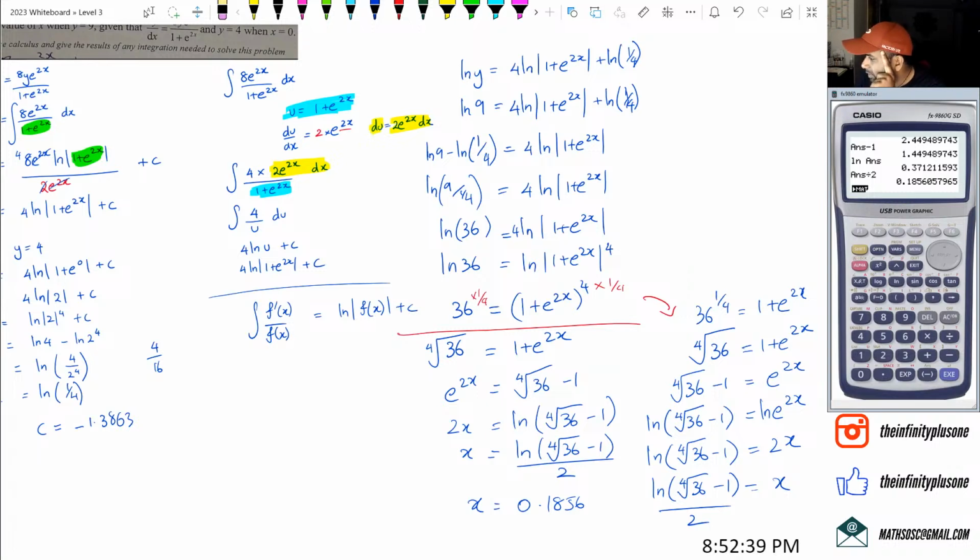Give me 1 second. All right, proportional to the quantity itself. Separate the variables. Where's the inversely proportional?